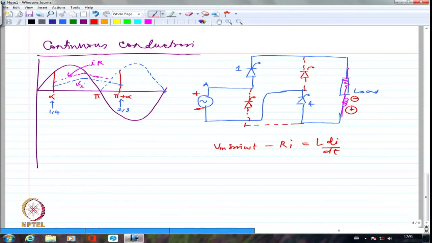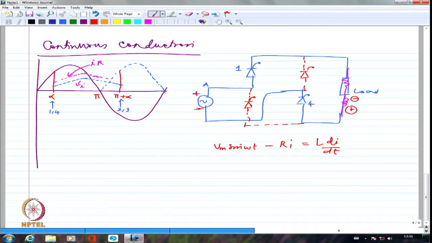But at this point, I am trying to fire 2 and 3. Because I have come to pi plus alpha, automatically 2 and 3 will be fired. When 2 and 3 are fired, which one is more conducive for conduction? That's what we have to check, right? Whether 1 and 4 are more conducive for conduction or 2 and 3, nature will check, basically.